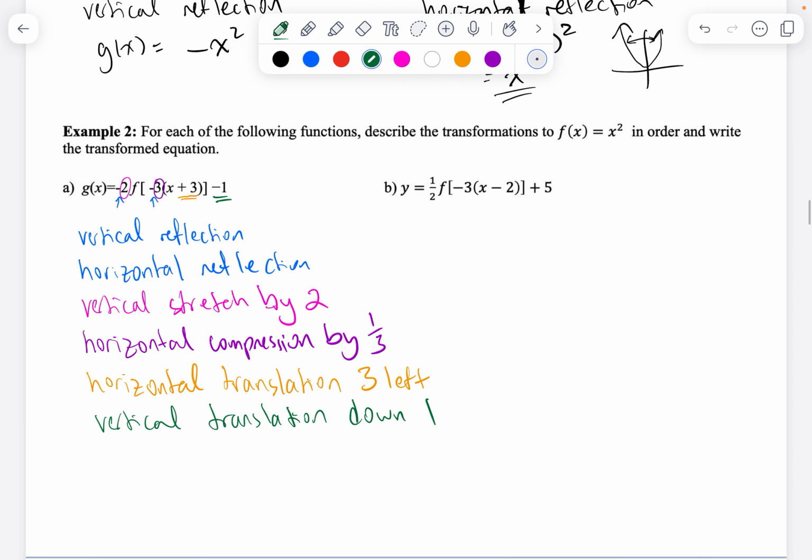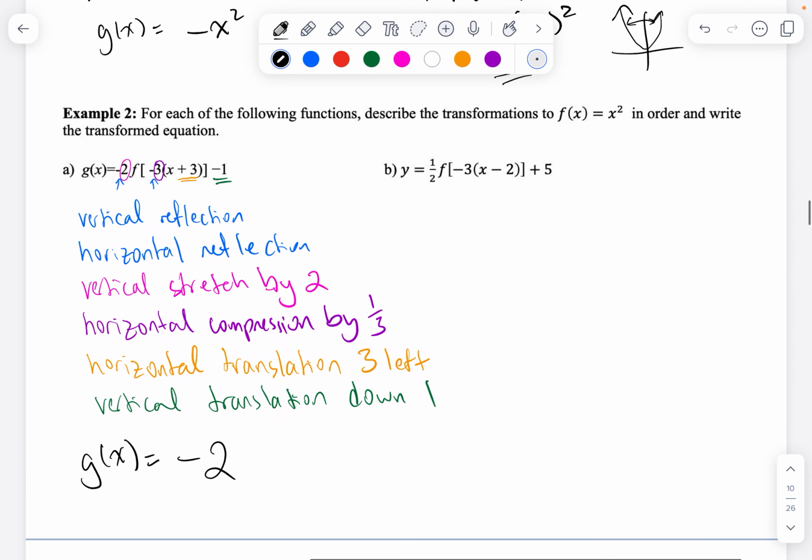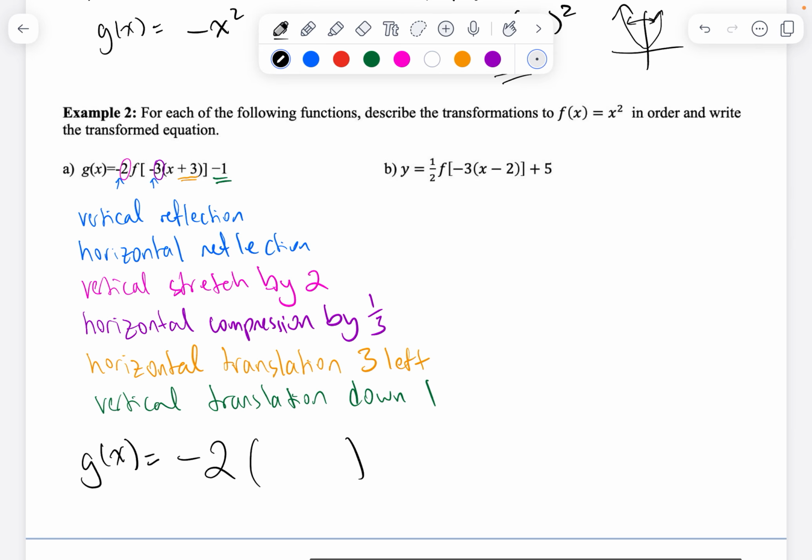Okay, so let's write this new function. So negative 2 outside the function, and then the function, so this squaring, that's the function, is happening to negative 3x plus 3 minus 1.